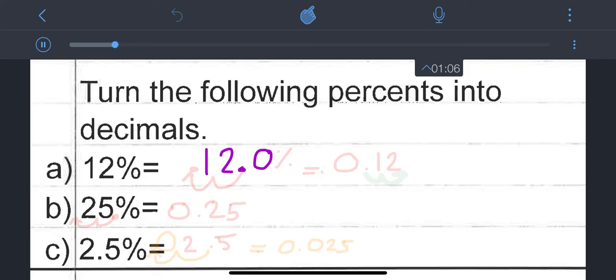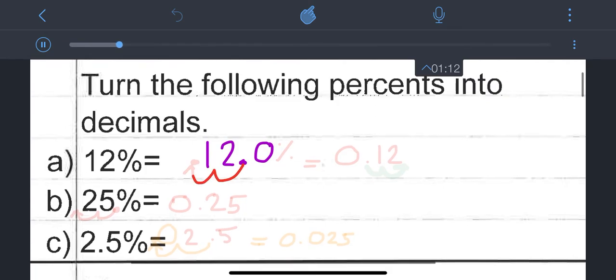What you're going to do is take that decimal point and move it 2 places to the left. So 12% is the same thing as 0.12 in decimal form. Another way you can think of this is dividing it by 100.